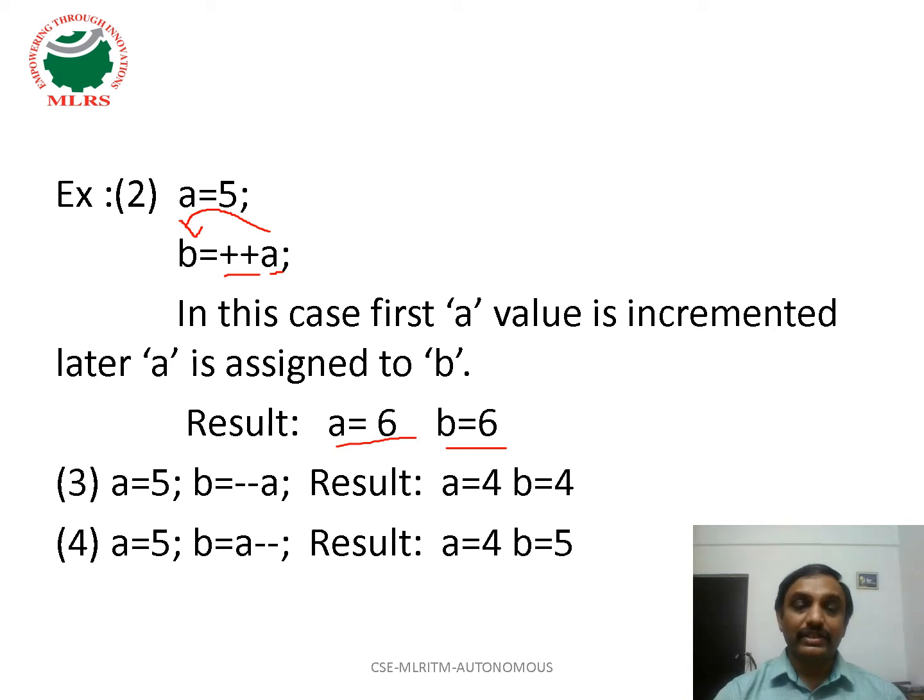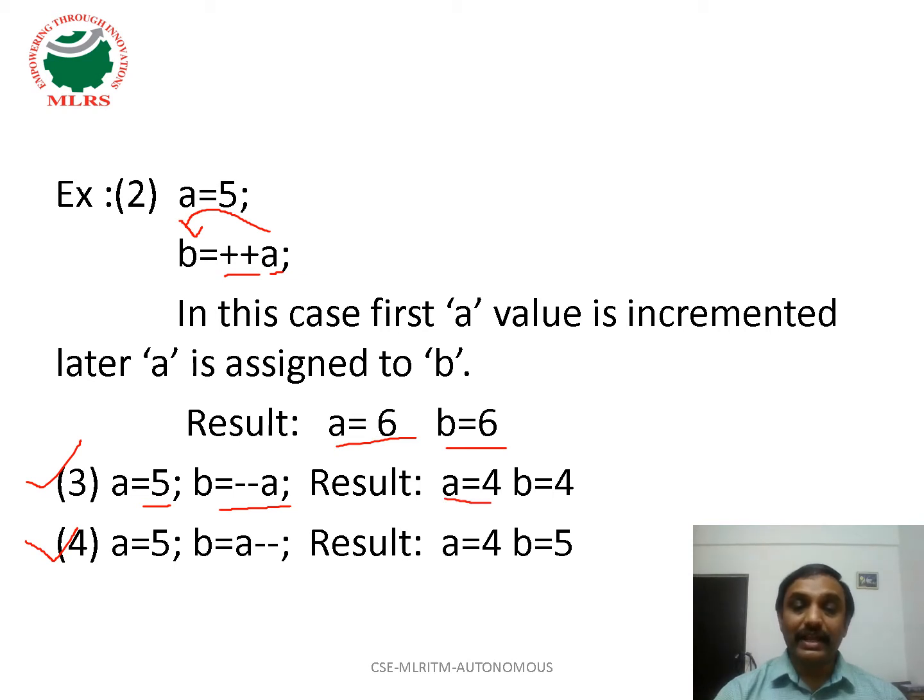Now this example 3 and 4, these are for the decrement operator. Observe --a, which is pre-decrement. First the decrement is executed, later the assignment happens. The a value 5 we have taken, the decrement is executed, now the a value becomes 4.